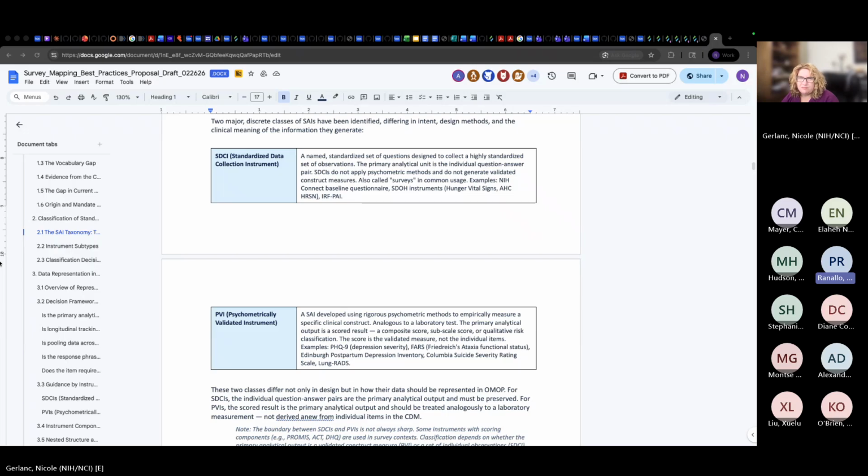So if we ask somebody, think of questions where you're answering I agree, or very true of me, not at all true of me, or very true of my situation, not at all. And then you have Likert scales of various ranges. Do you envision a standard translation for each type of Likert scale?